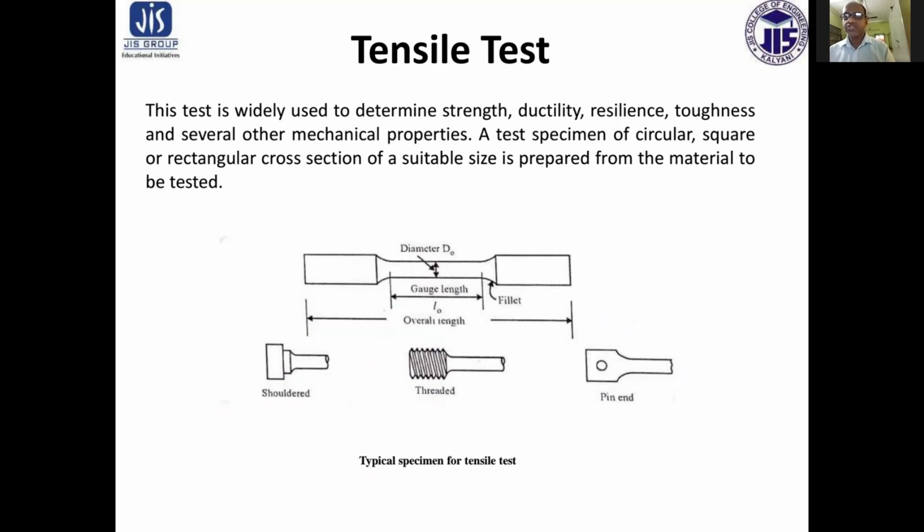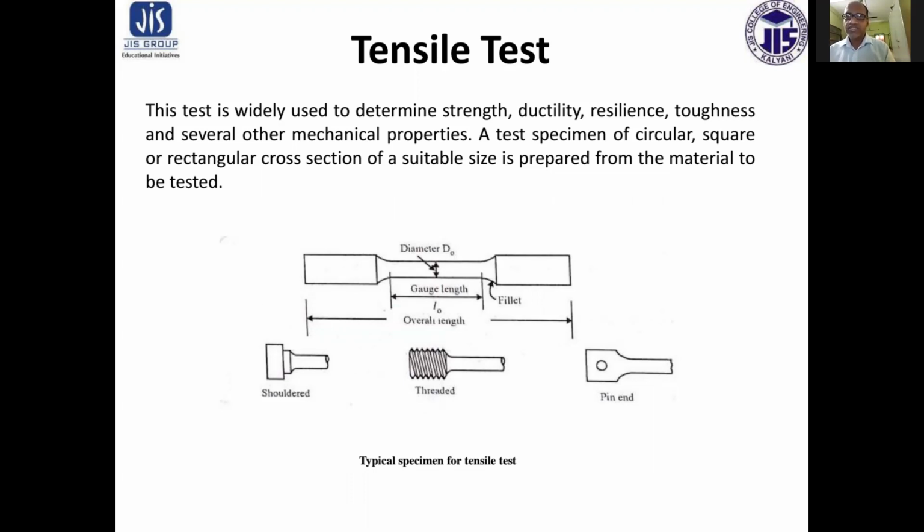A test specimen of circular, square, or rectangular cross section of suitable size is prepared from the material to be tested. According to ASTM, that is American Society for Testing of Materials, these test specimens are designed and machines are also manufactured.